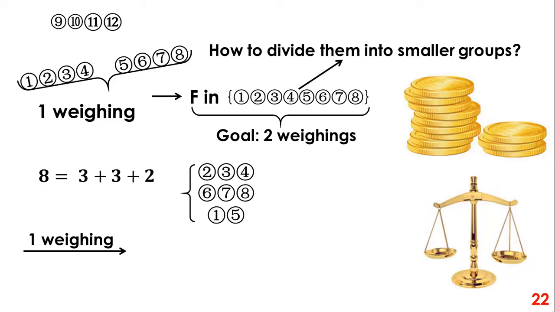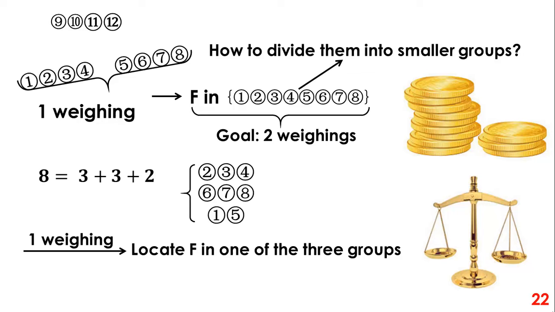What is the goal for the first weighing? The first weighing will help us locate F in one of the 3 groups, which one contains this F coin.